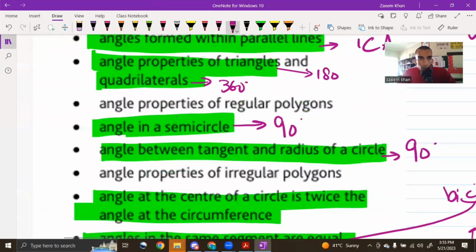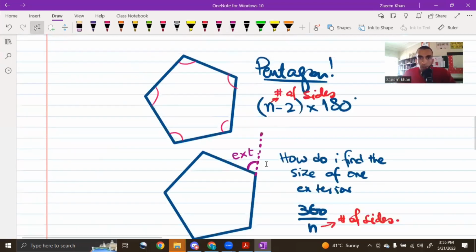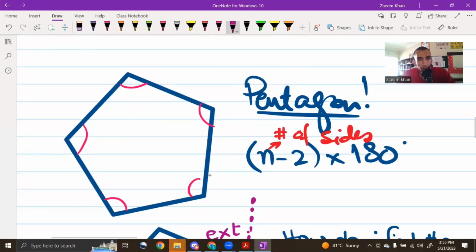Angle properties of regular polygons. Here we go. If I were to ask you the sum of the angles A, B, C, D, and E, how would you do that?